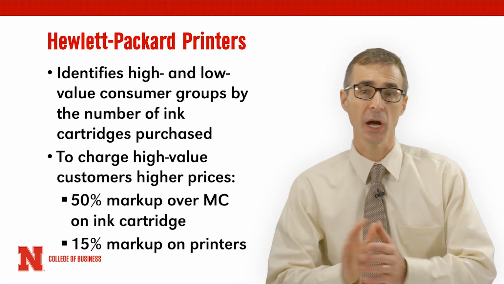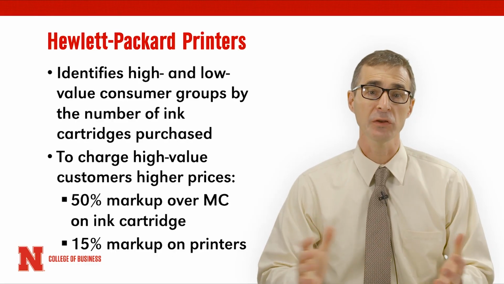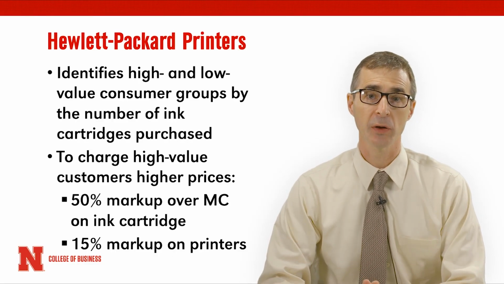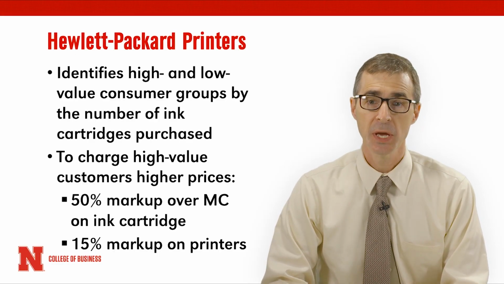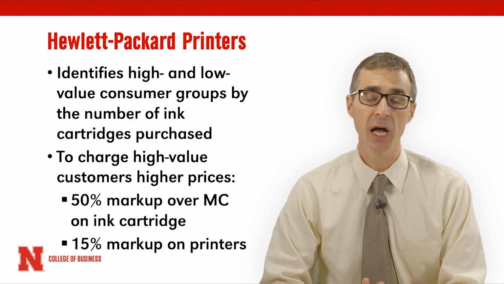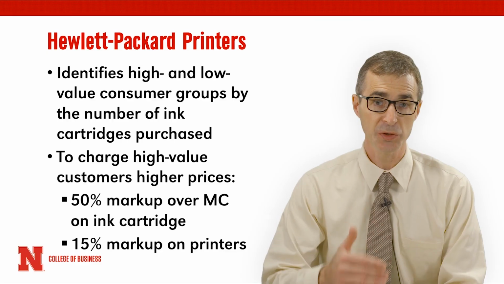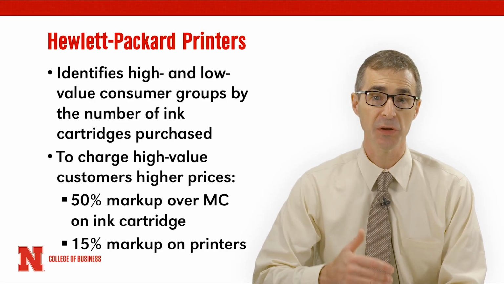All right, so let's look at a couple of examples. I'd like to start with the example of Hewlett-Packard, who is, among other things, known for the manufacture of printers. Now, HP identifies high and low value customers in the printer market based on how much ink they use.